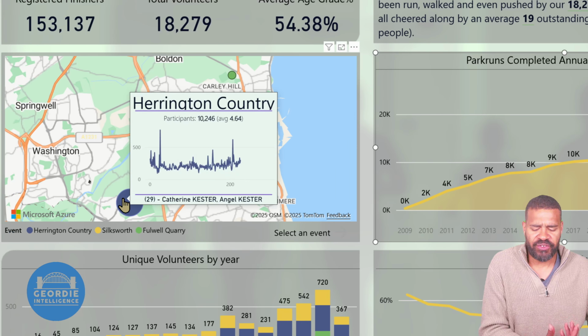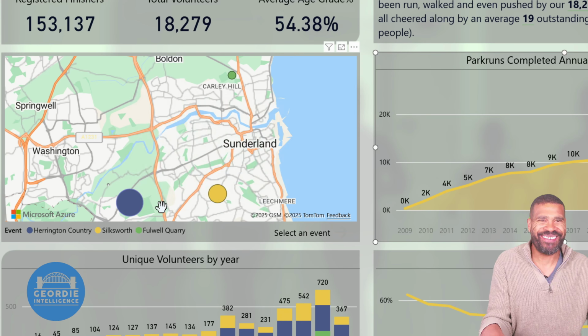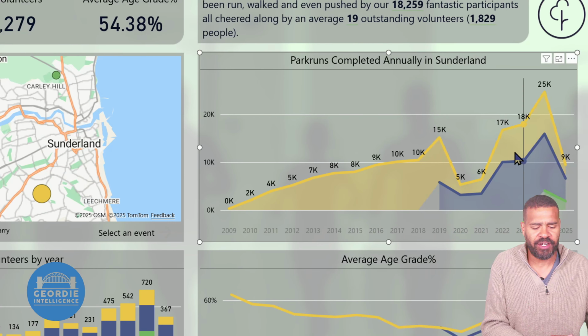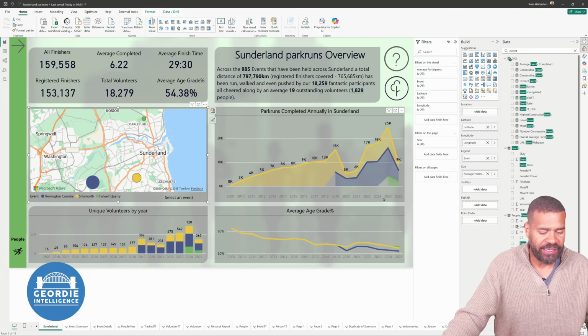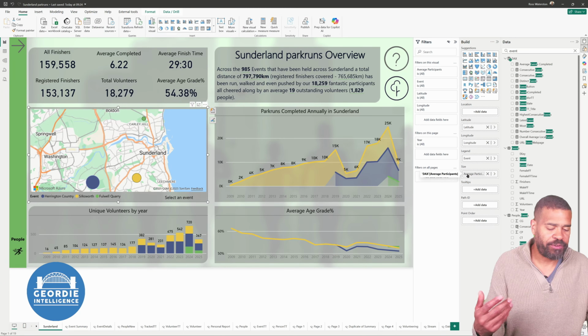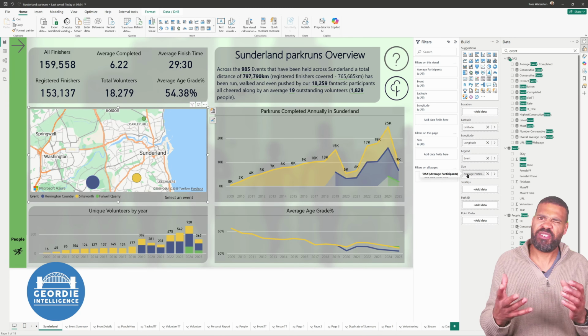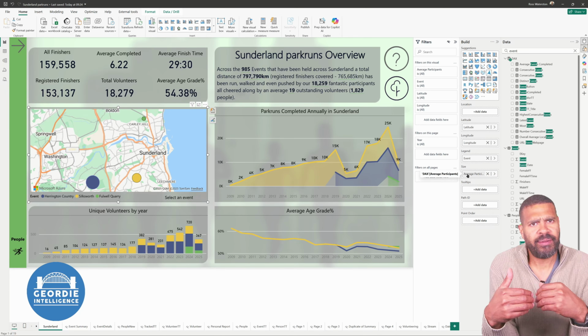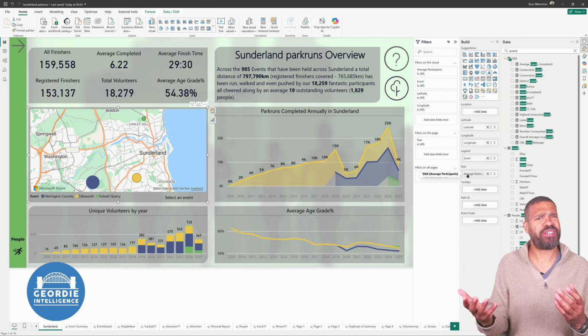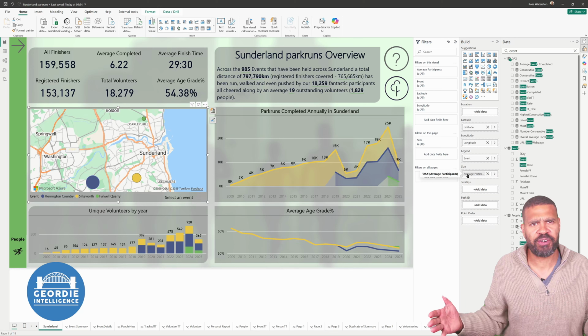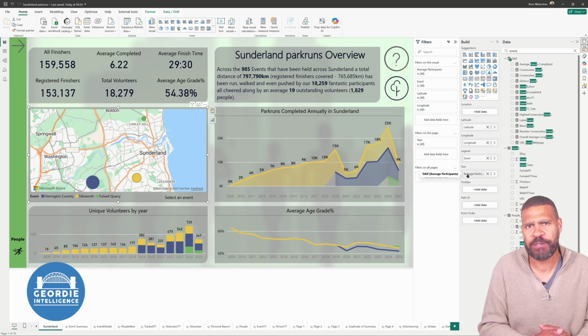Potentially, is it right that the dots are based on total completions, which in theory is average participation, but should it be average participants over a limited period, like the last 12 events, as opposed to across all events, which is how it's working at the moment?